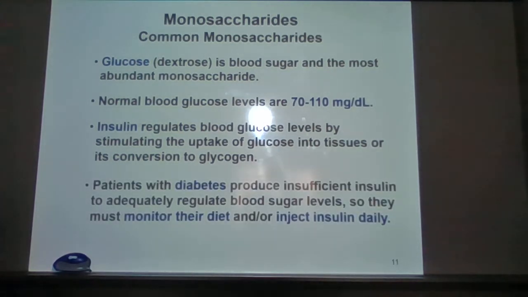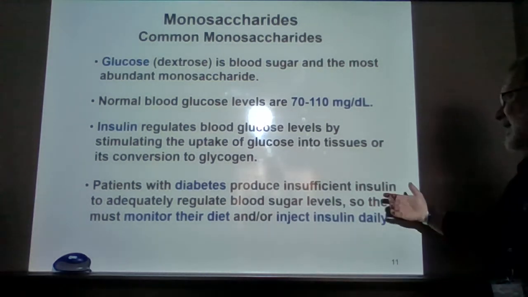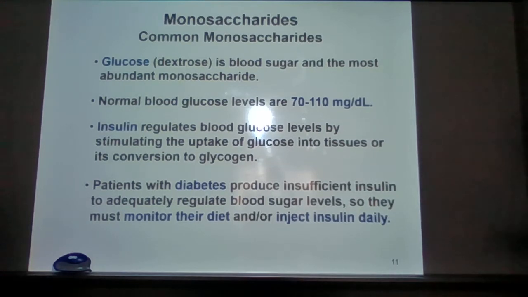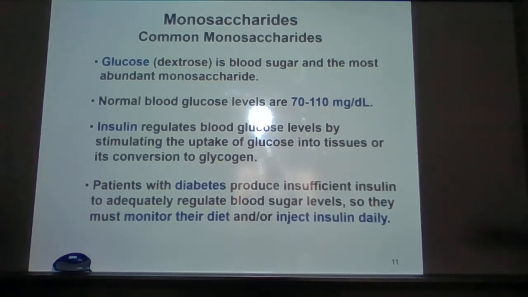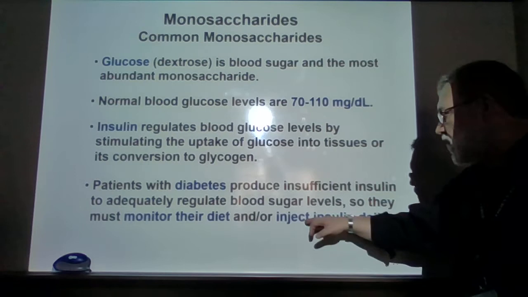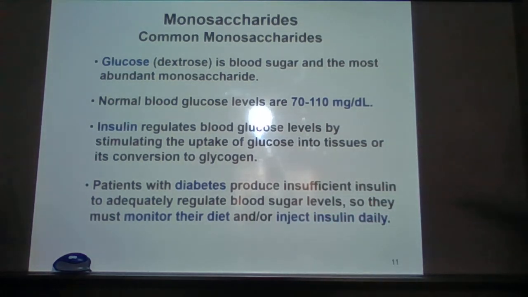Those individuals who have diabetes do not produce enough insulin to adequately regulate the blood sugar levels throughout the day. So they either have to monitor their diet and adjust their sugar levels in their blood by what they eat or inject insulin into their bodies to regulate the body's production, consumption, and regulation of blood glucose.